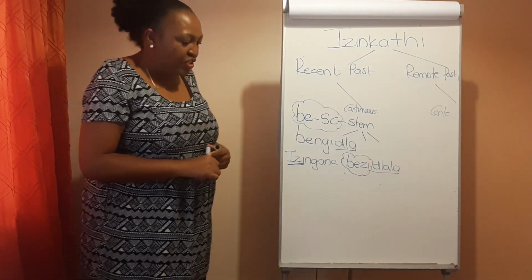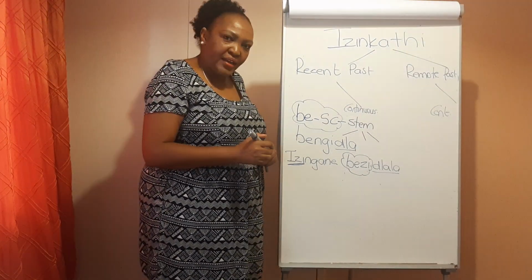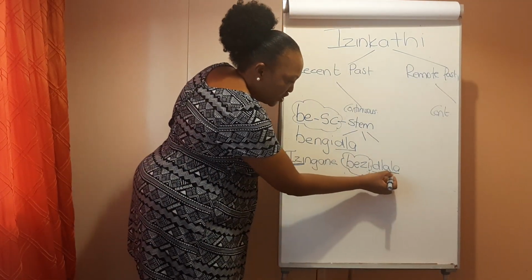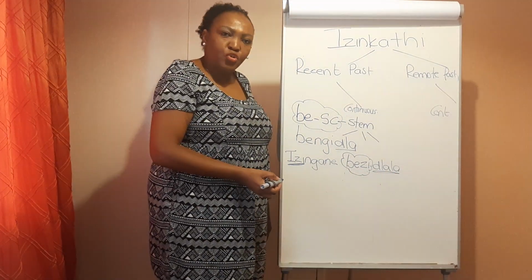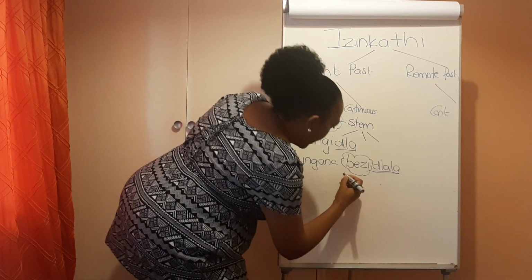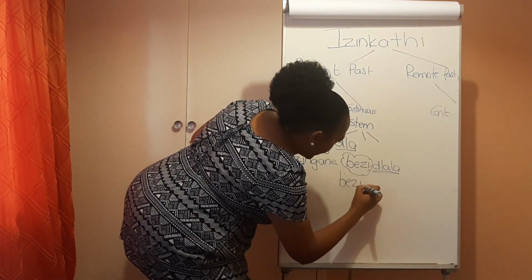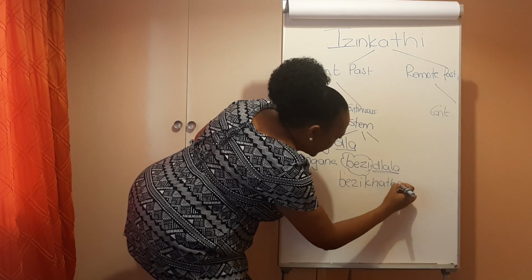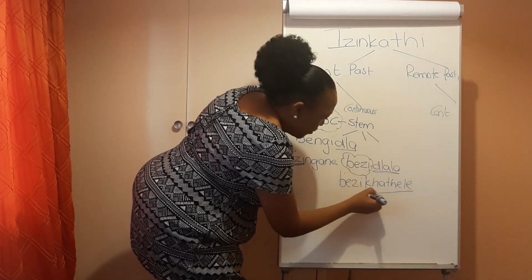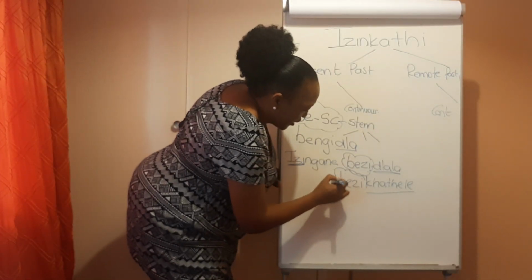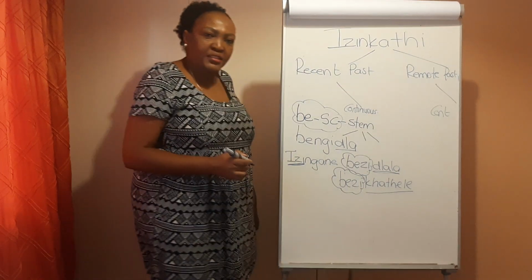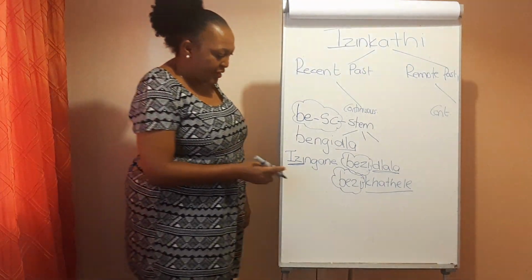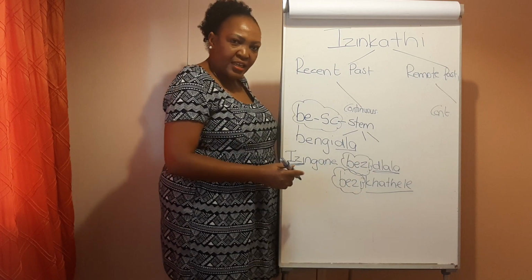So if you want to say children were tired, all you do is change that verb stem into a stative verb stem. And it's going to be izingane bezi katele, because we used katele as our stative verb stem. Can you see that your prefix remains the same? Izingane bezi katele.